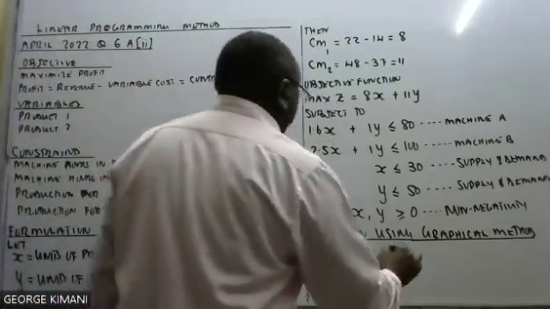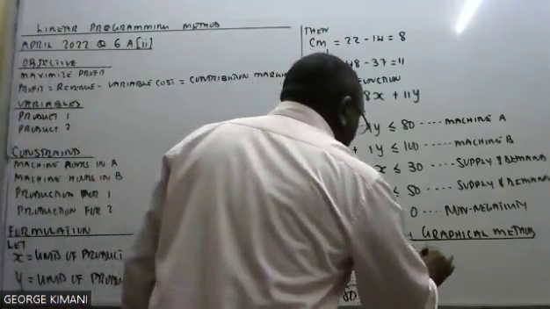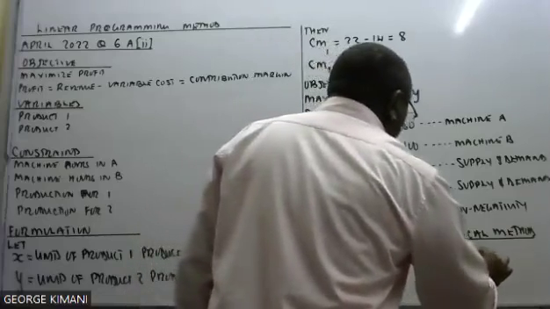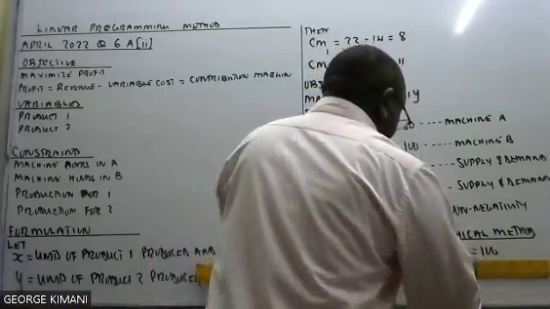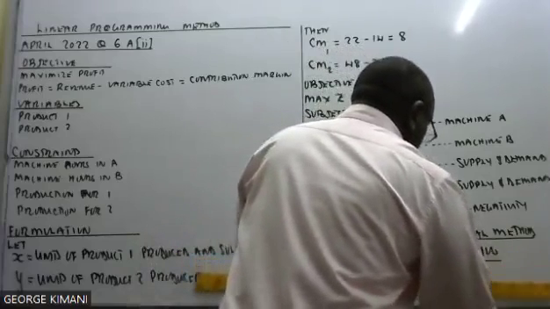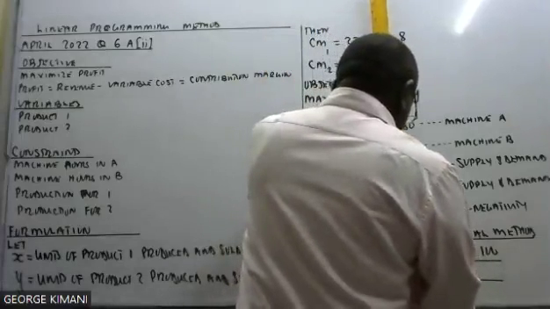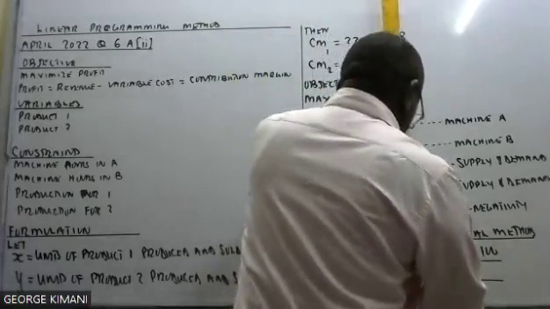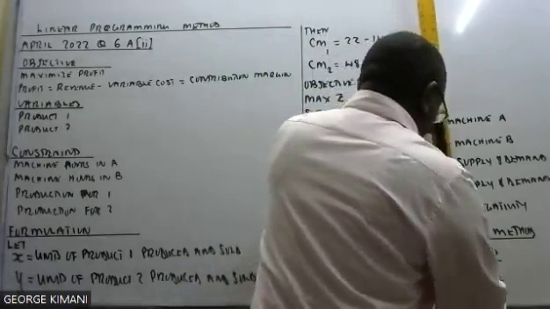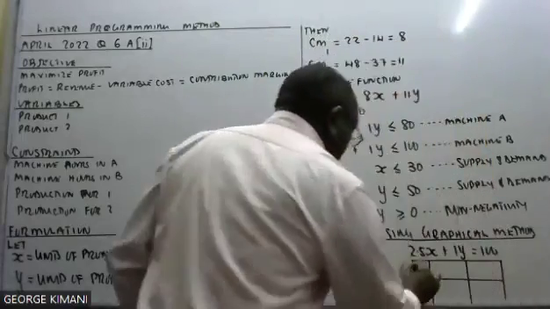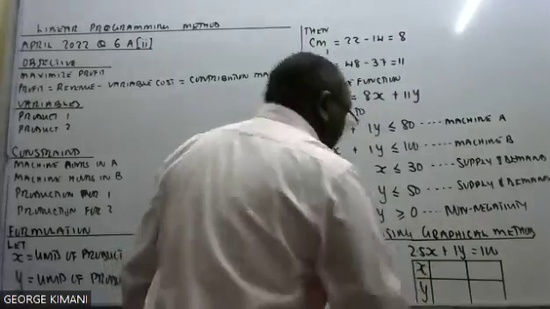Then you do the same thing here: 2.5x plus 1y is equal to 100. So we have x and y.